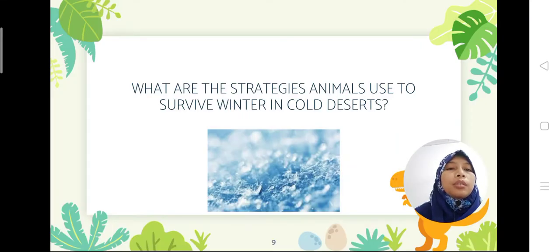First, we'll look at the strategies the animals use to survive winter in cold desert. As you know, cold desert only has ice, is very cold, and has very little vegetation. So we'll see how these animals survive in this cold desert.